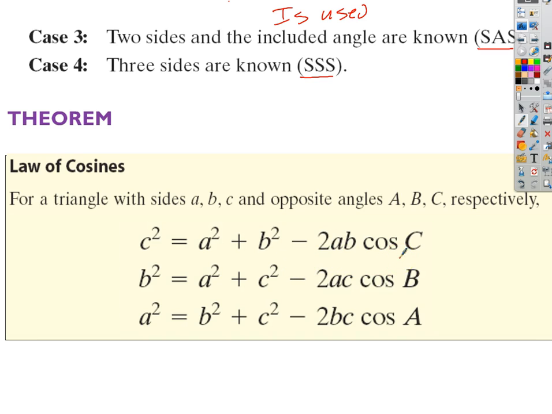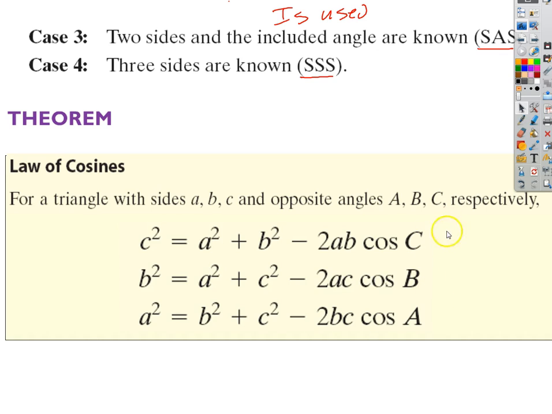So the way that I memorize this is that whatever side you want, c squared, is going to be equal to a squared plus b squared, the other two that are left over, minus 2 times the two other sides that were left over, times cosine of the angle opposite the side that you're looking for. And that's true for all my cases. That's the best way to try and memorize this.